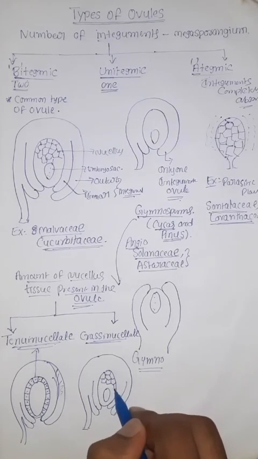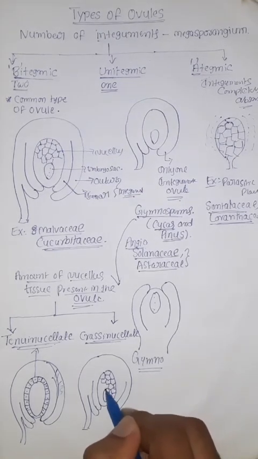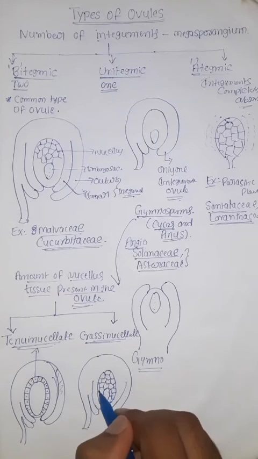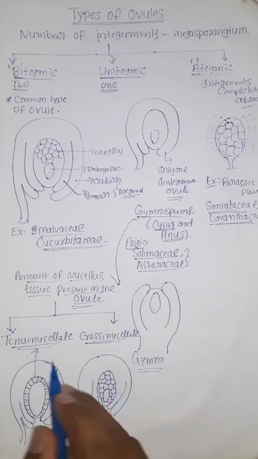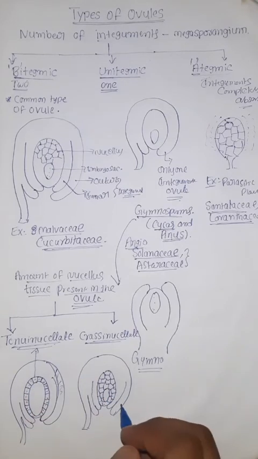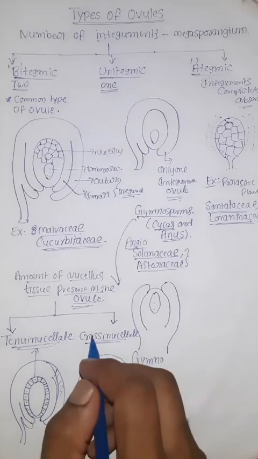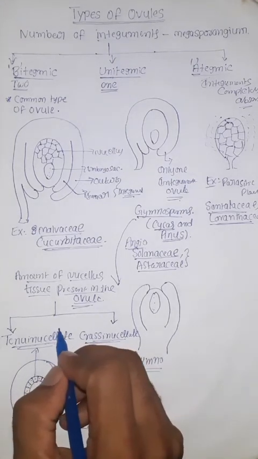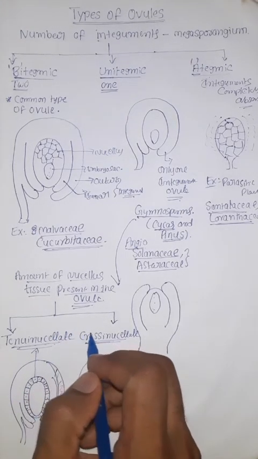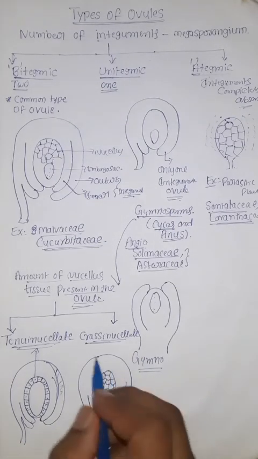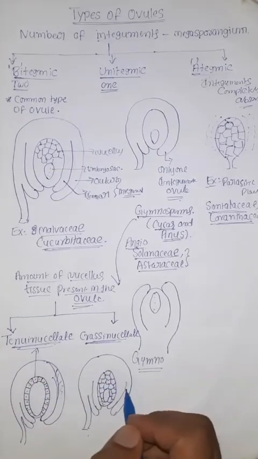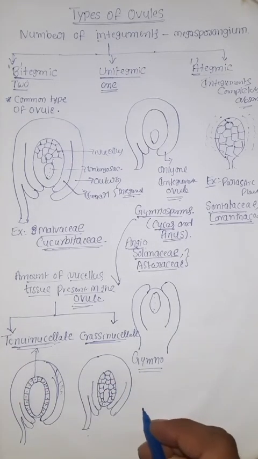Means the nucellus is multi-layered or bulky. This is the only difference between the tenuinucellate type of ovule and the crassinucellate type of ovule. There is one more intermediate type also, pseudo-tenuinucellate type, that is not that much important. Here these two are very important. Crassinucellate, tenuinucellate.